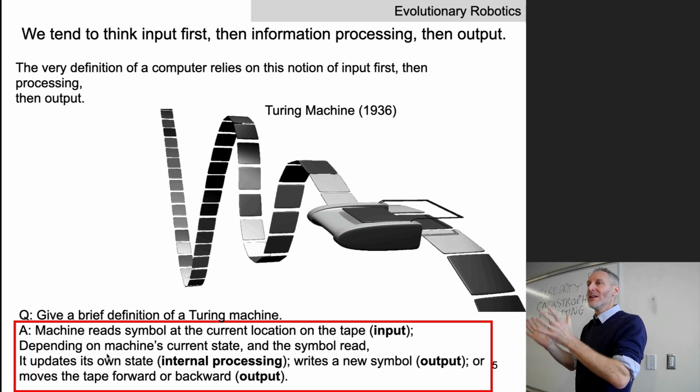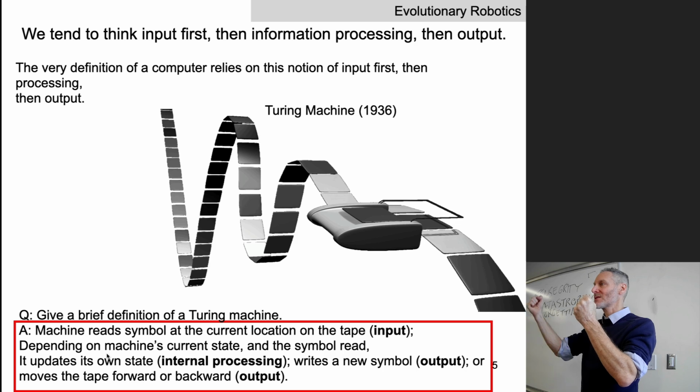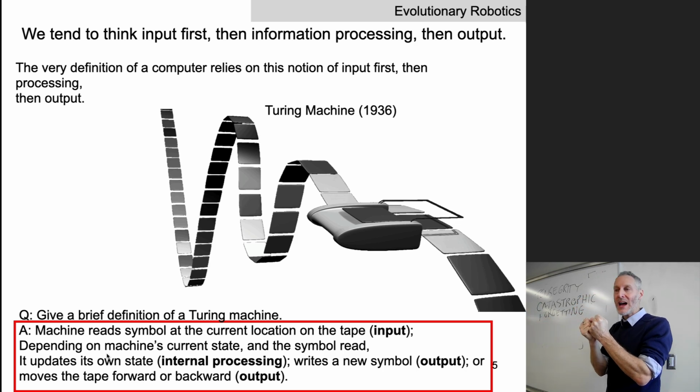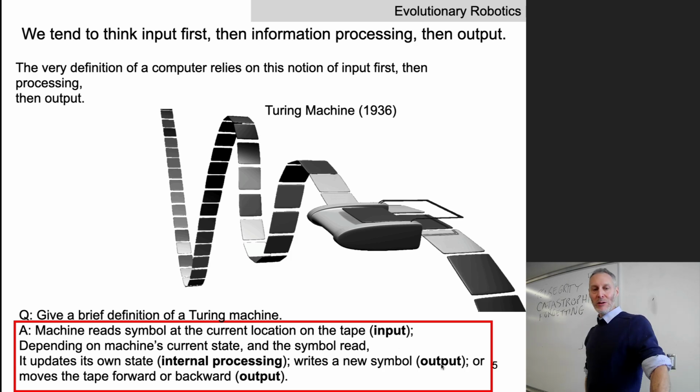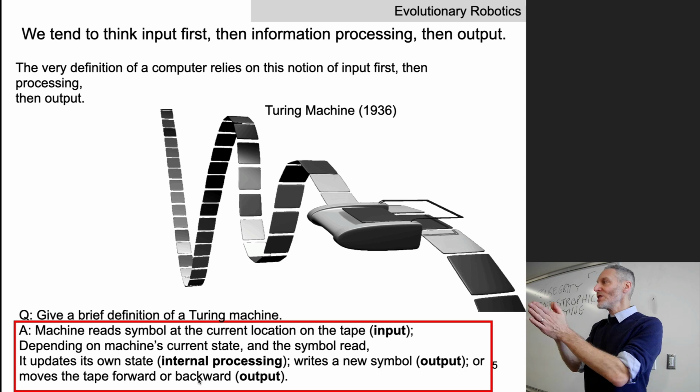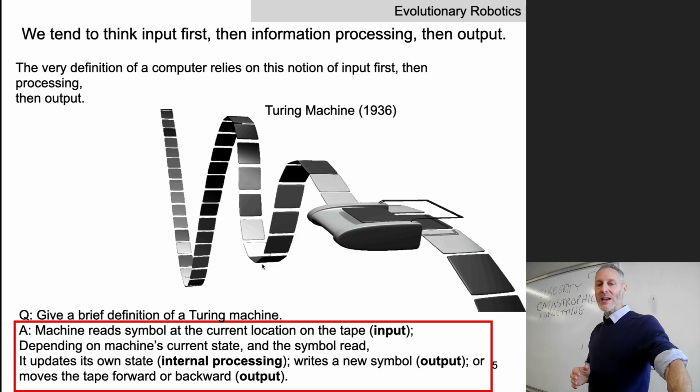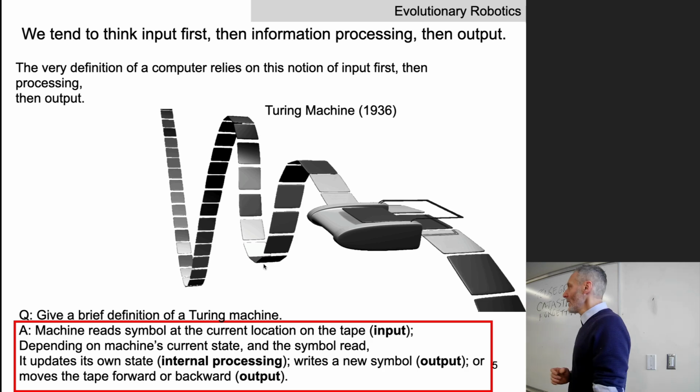It's memories, biases, hopes, dreams, you name it. Stuff inside gets mixed with stuff coming in from outside, and that combination is written by a Turing machine back onto the tape. That's the output. And for the roboticists, the tape either is moved back and forth by the machine, or the machine moves one tape segment to the left or right. That's a Turing machine. Okay.